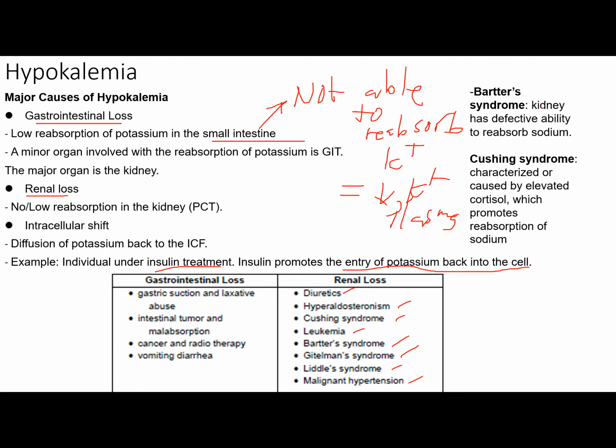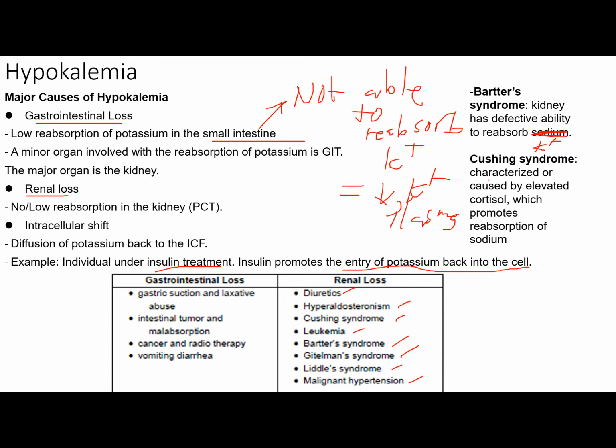This Bartter syndrome, class, is a condition wherein your kidney has a defective ability to reabsorb sodium. Then for the Cushing syndrome, this should be potassium. Potassium, yes. Its absorption of potassium is defective.